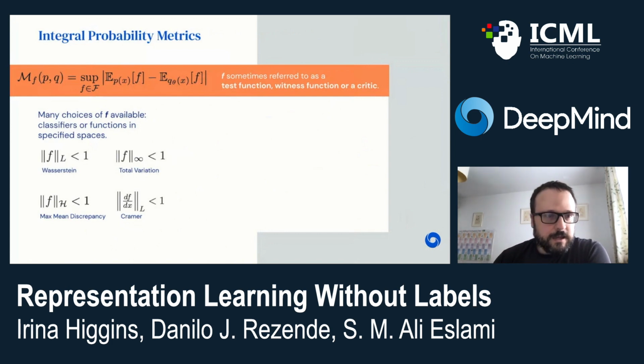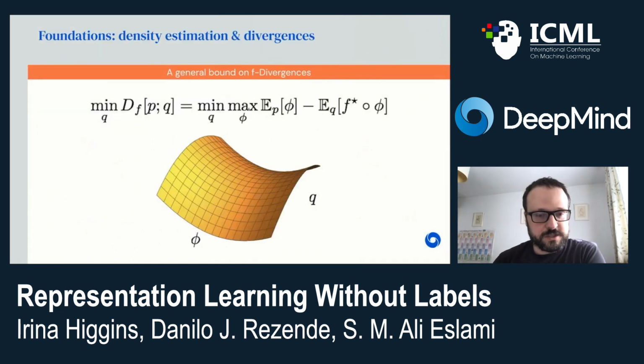As I said, this theorem relates F divergences to integral probability metrics via this upper bound. And there are various integral probability metrics that are known and used in various GAN publications.